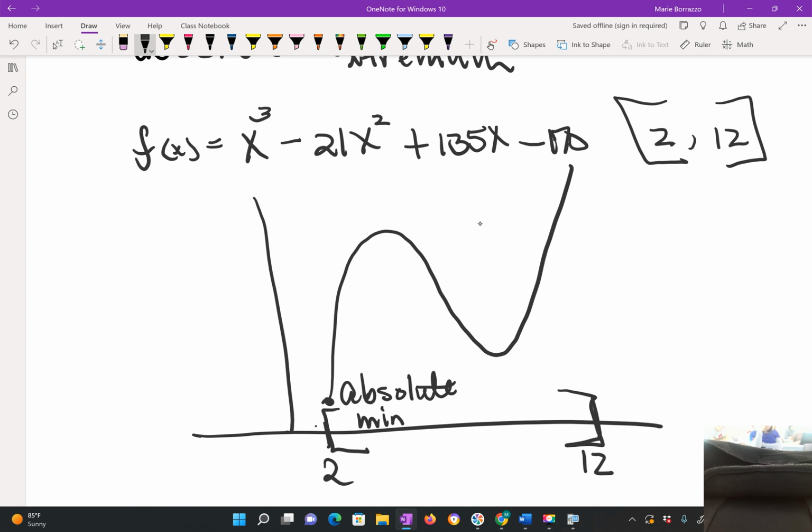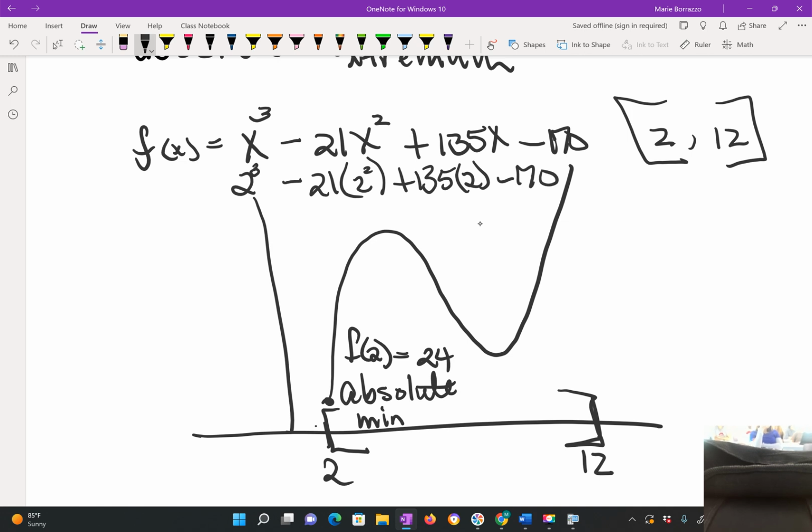So f of 2 plugged into the formula will give me 24. In other words, 2 cubed minus 21 times 2 squared plus 135 times 2 minus 170 all totals 24. That's the minimum.